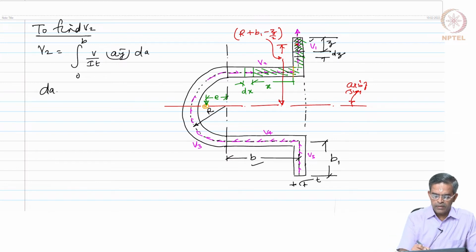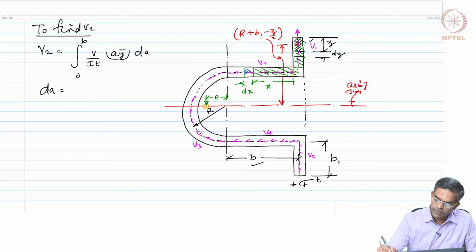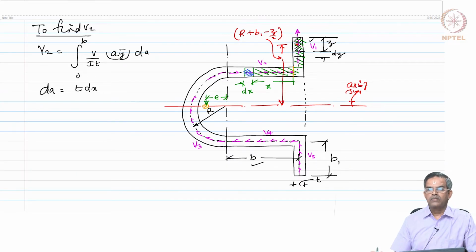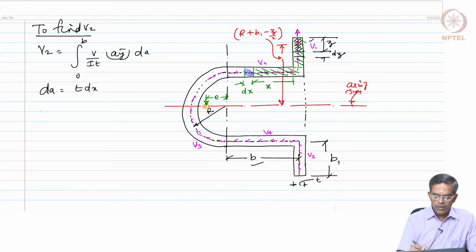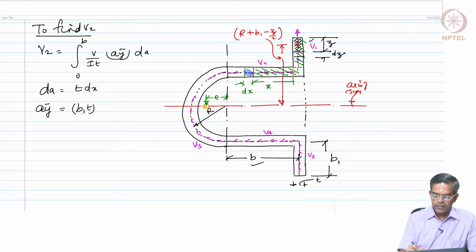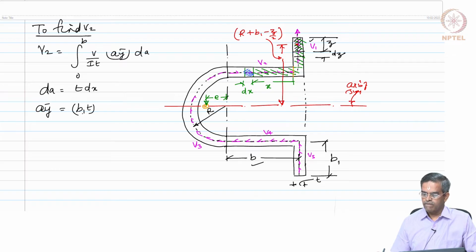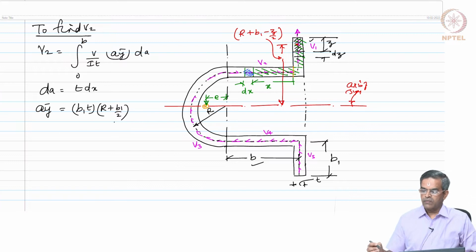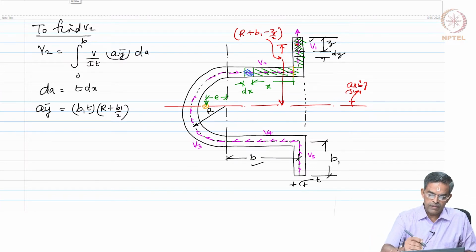dA is very simple. dA is the area of this small strip which is being considered, which I am hatching here, which is T dx, there is no doubt. Ay bar has got two components. So, first let us do it for B1. So, B1 into T of R plus B1 by 2.